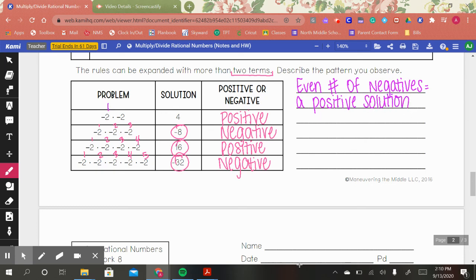Okay, and that goes 1, 2. We have an even number because we have 2, means positive solution. 4 is an even number, positive solution. When we have an odd number of negatives, we will have a negative solution.